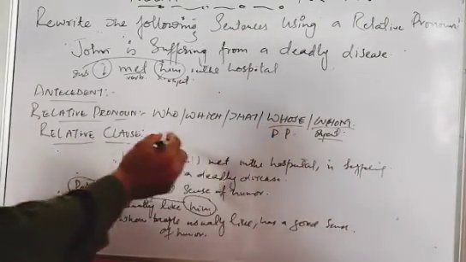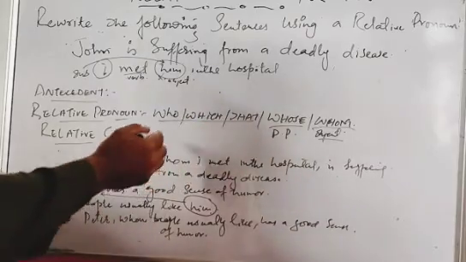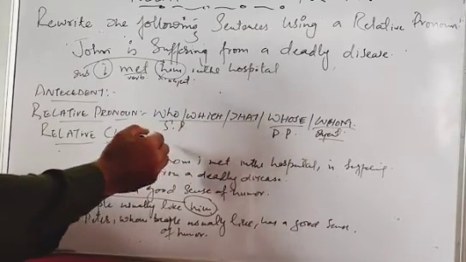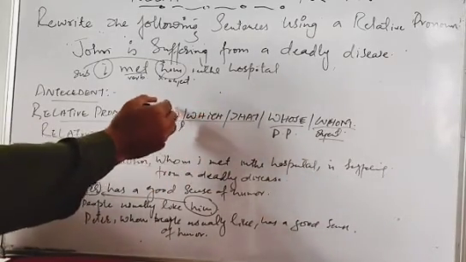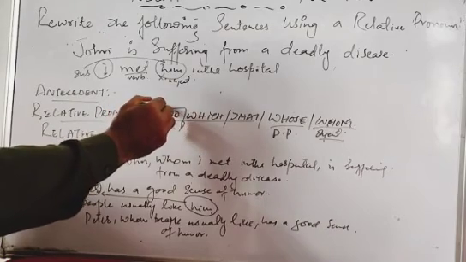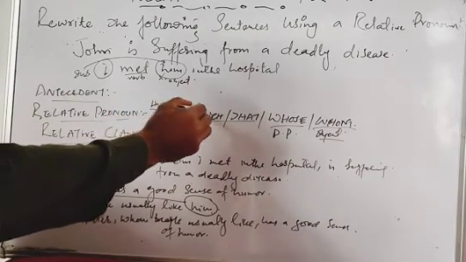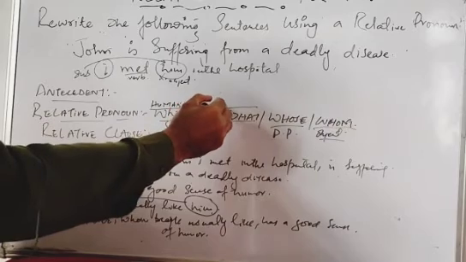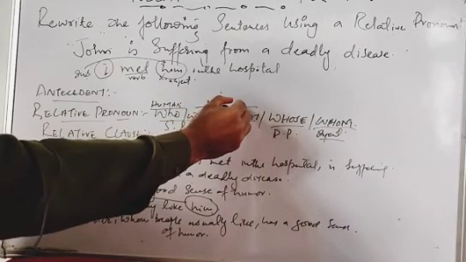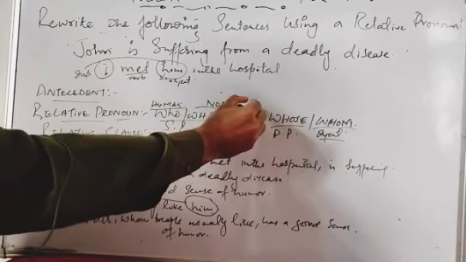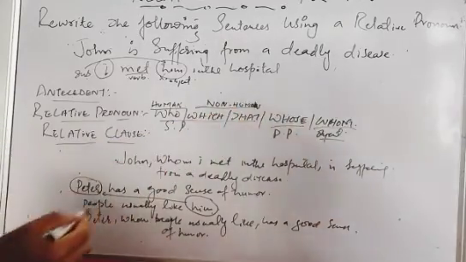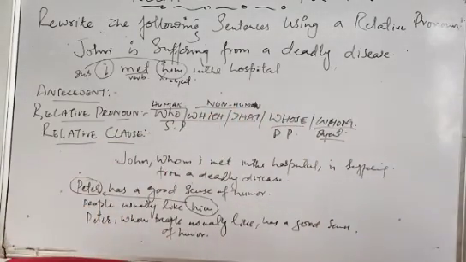In the case of subjective pronouns, we will use who, provided the antecedent is a human. If it is non-human, we will write which or that. Okay, that's the end of relative pronouns.